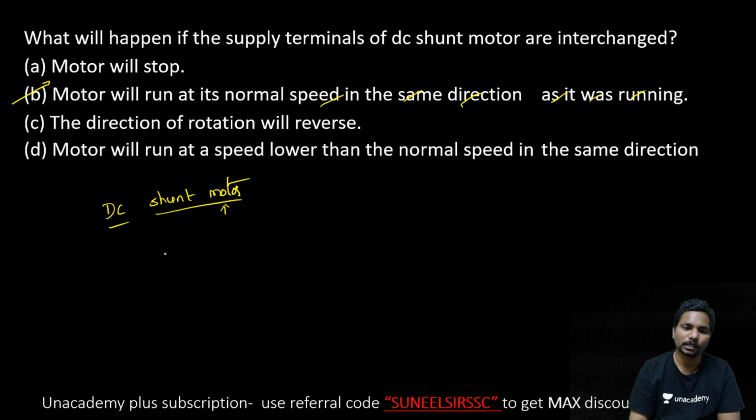So let us take the torque equation. Torque is proportional to phi into Ia. Am I correct? Torque always depends upon phi and Ia. For example, we have the connections positive and negative. Positive is connected, so generally we can take flux as positive and Ia also as positive.